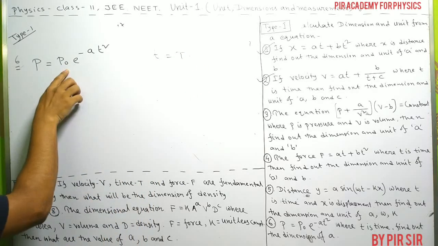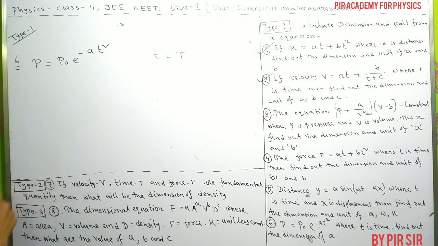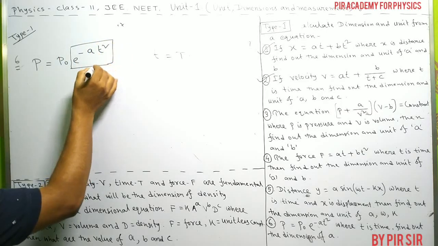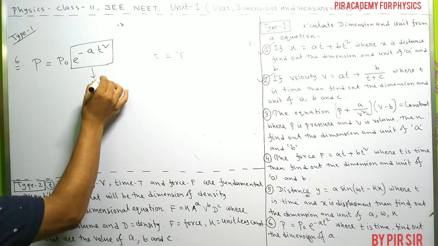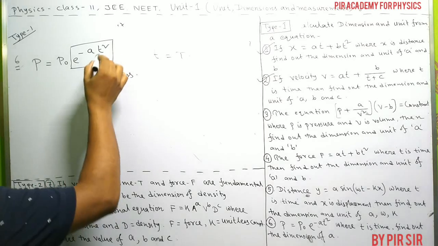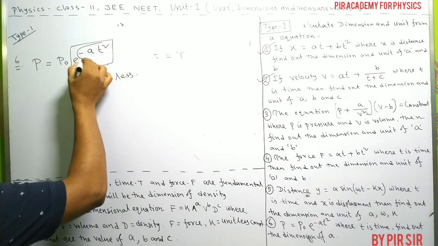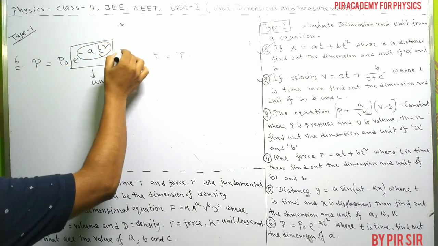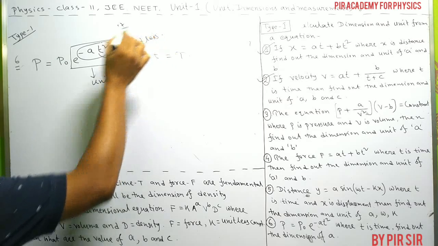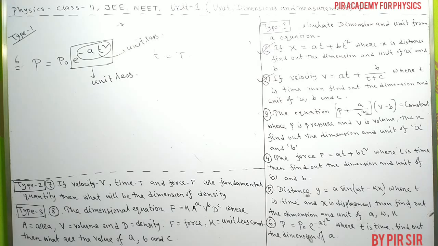And this quantity, this total is a unitless quantity, and also this quantity must be unitless, only a number.